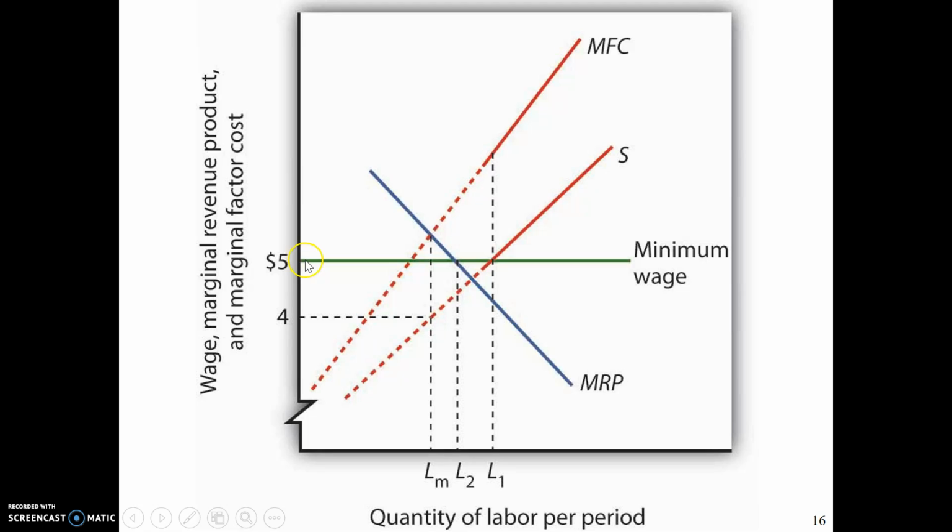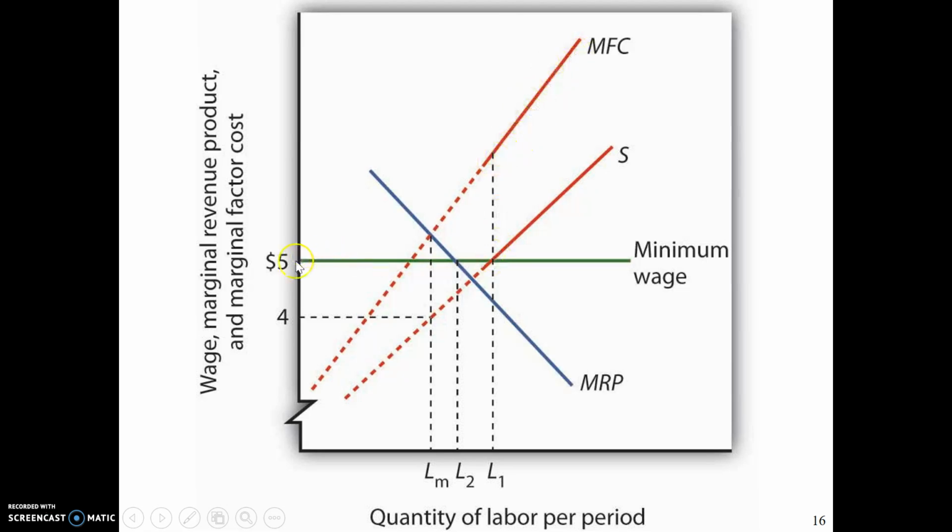And the way the marginal factor curve, or the marginal resource cost, would look is kind of down. Normally your marginal factor cost would be here, but because we have this $5, $5, $5, $5, at this point we kind of have back our supply curve and also our marginal factor cost curve.